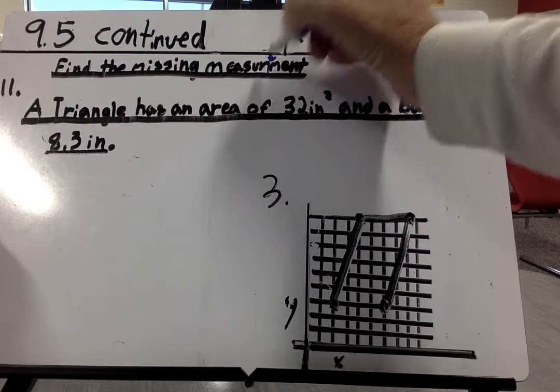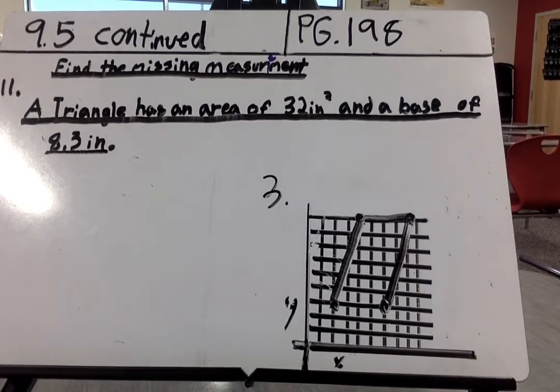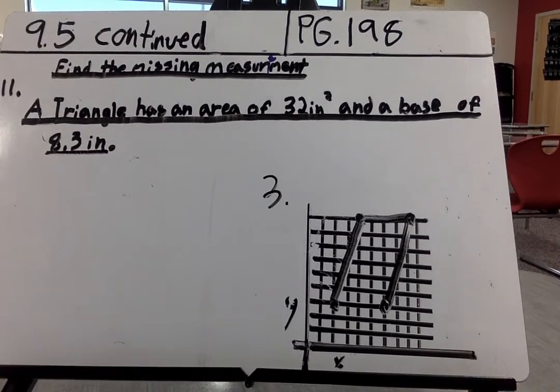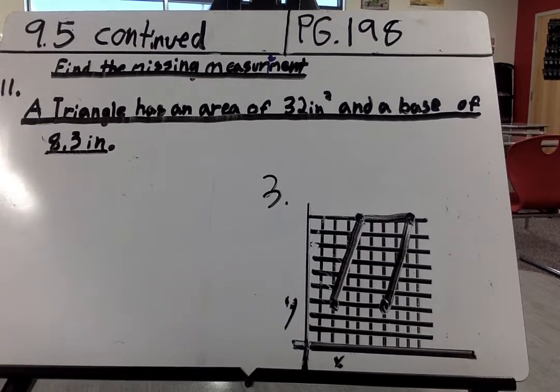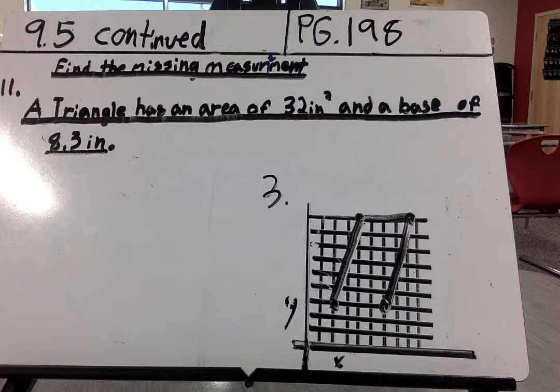So measurement. A triangle has an area of 32 inches squared and a base of 8.3 inches. Did we miss somewhere the area of a triangle? We better go back and do like number 5 or number 7 on page 197.